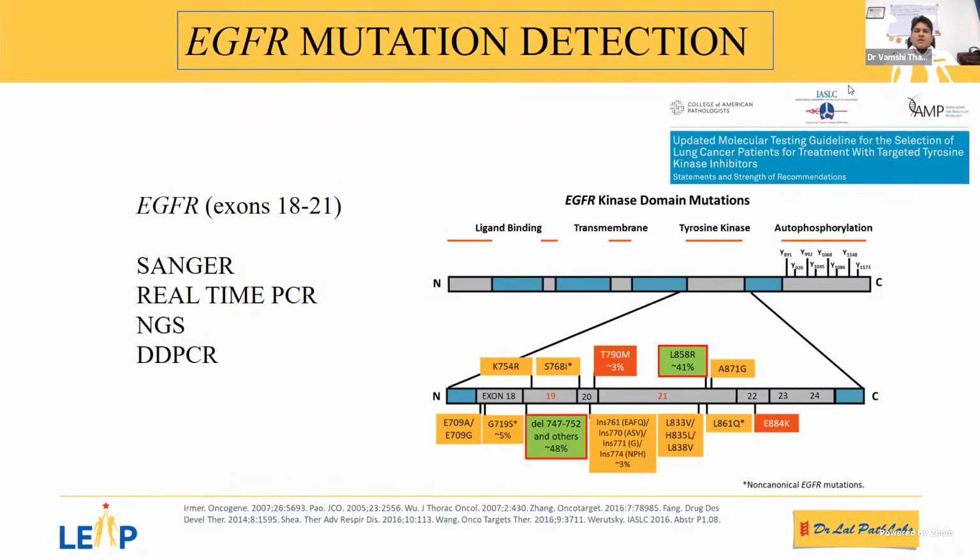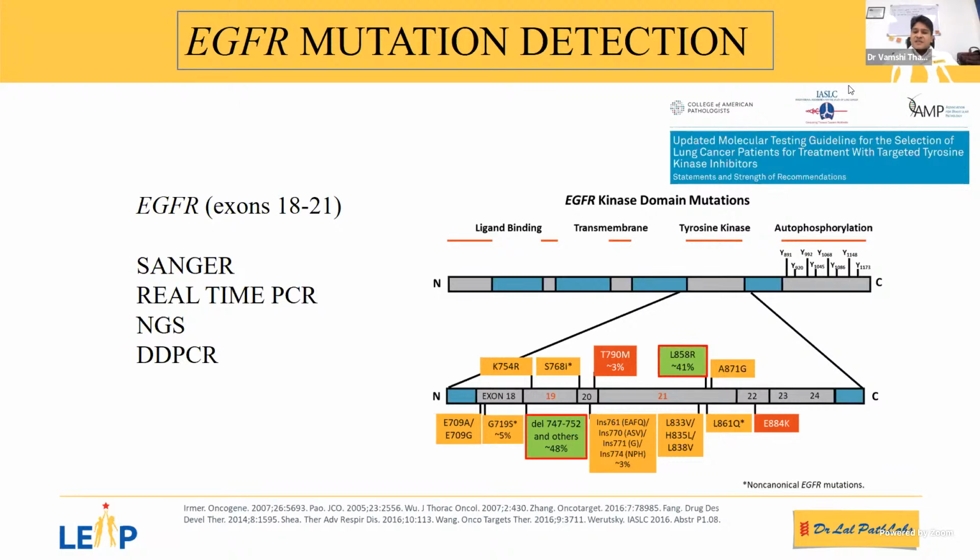Coming to individual alterations, for EGFR mutation detection, we look at exons 18 to 21. The most common ones are the L858R and the deletion in exon 19. We can check in the lab with various techniques: Sanger, real-time PCR, next generation sequencing, or droplet digital PCR. 85 to 90% of these mutations are L858R and exon 19 deletions.